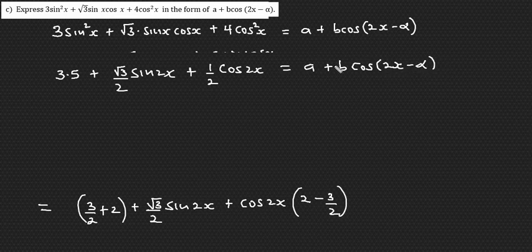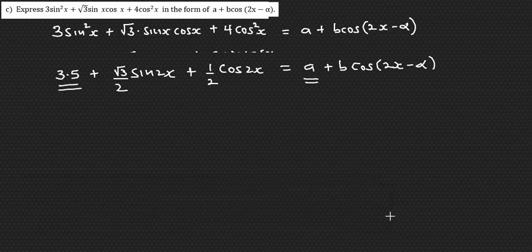Now I have a double angle, and you can see this a here is going to be the constant, I hope. Then we need an expansion of this one here. So let us see what we get when we expand this b cos of 2x minus alpha.